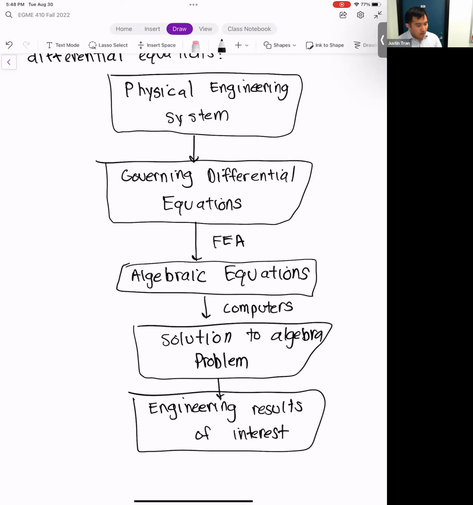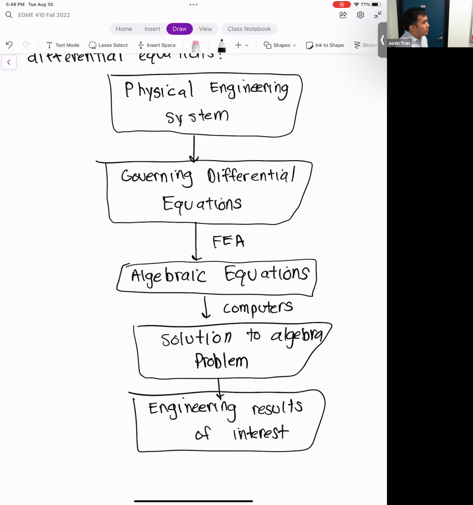And so what this means is that we can apply FEA to almost any kind of physical system that's governed by differential equations. If you have a system that's governed by differential equations, then you can apply FEA to it. Of course we have structural, which is going to be the vast focus of this class. But we also have thermal systems, fluid systems. If you looked at ANSYS last week, there's also electromagnetic systems, and there are differential equations like that.